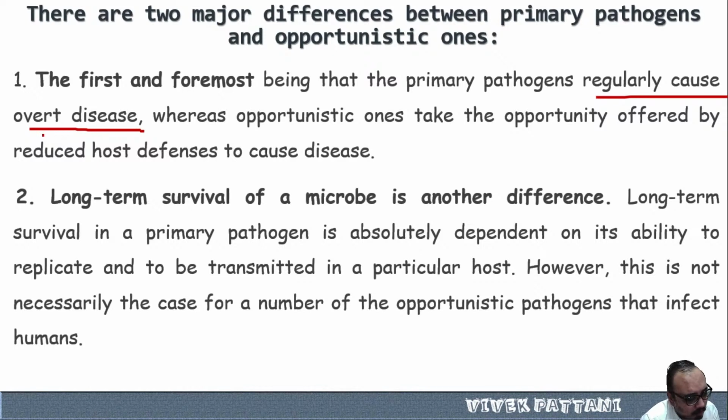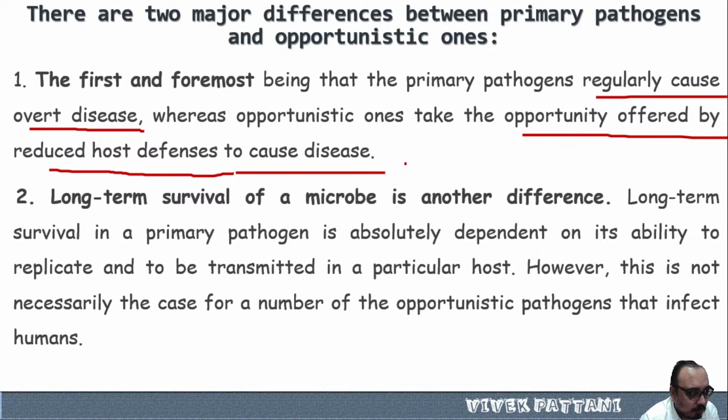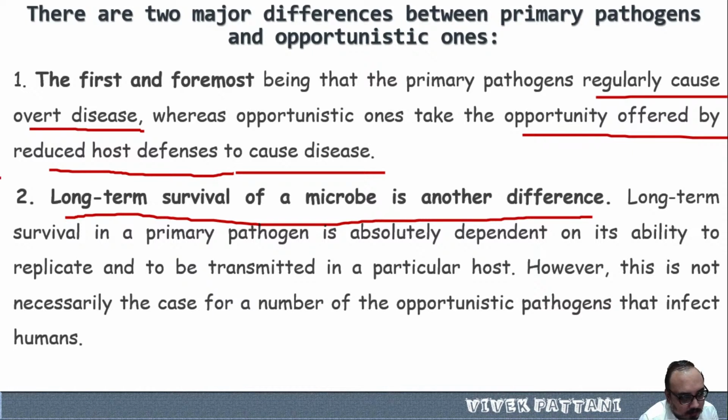They are going to cause a disease, whereas the opportunistic ones take the opportunity offered by the reduced host defenses to cause a disease. So it depends. Opportunistic pathogens will only attack the body when the host defense system is lowered. The next difference is the long-term survival of a microbe.